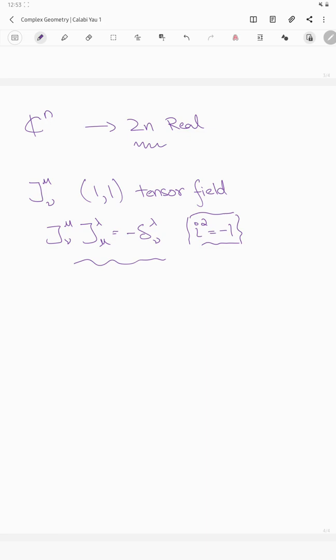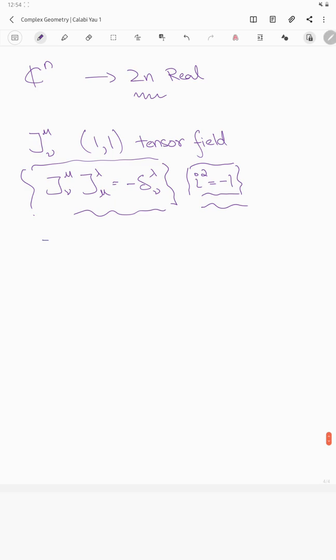But this thing that I just wrote is the generalization of this in higher dimensions, right? So you can call this J mu nu an almost complex structure, and it can be defined for any real even dimensional manifold.